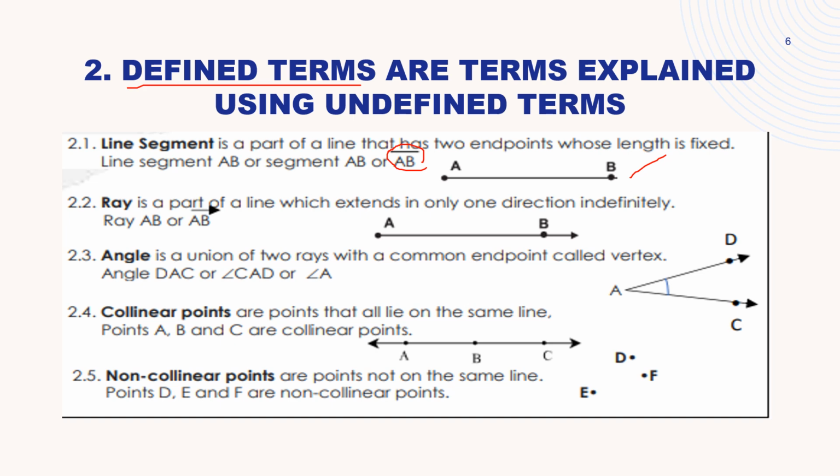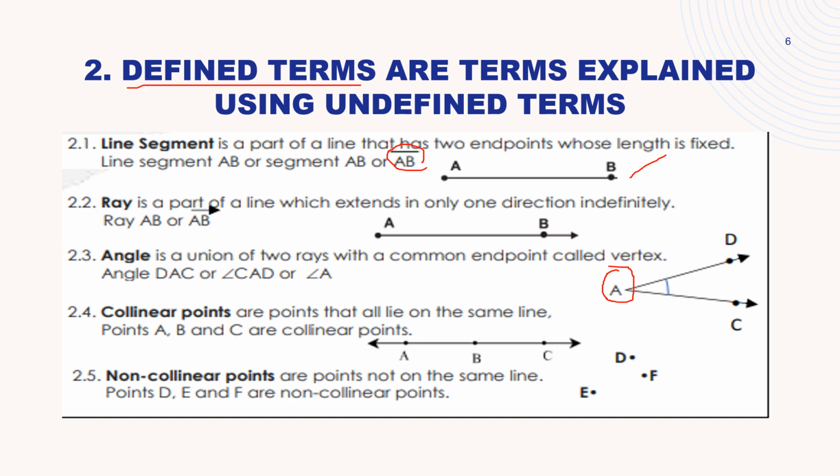So angle DAC, or CAB, or angle A. You can name a single angle in three ways. Here the vertex is A, so we can call it only angle A, or use angle DAC or CAB.